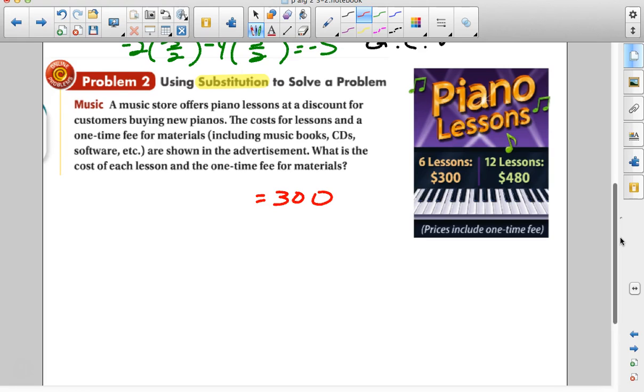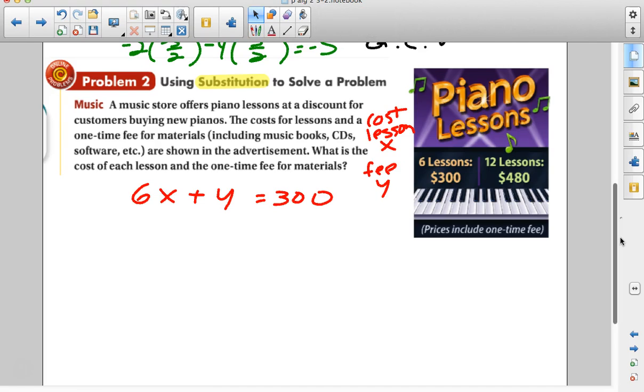So let's have the cost of a lesson be X, but then we have a fee in addition to that, which is going to be Y. So this will be 6 lessons plus the fee is $300. You see another total up there for 12 lessons. How do we write the right-hand side of that equation?